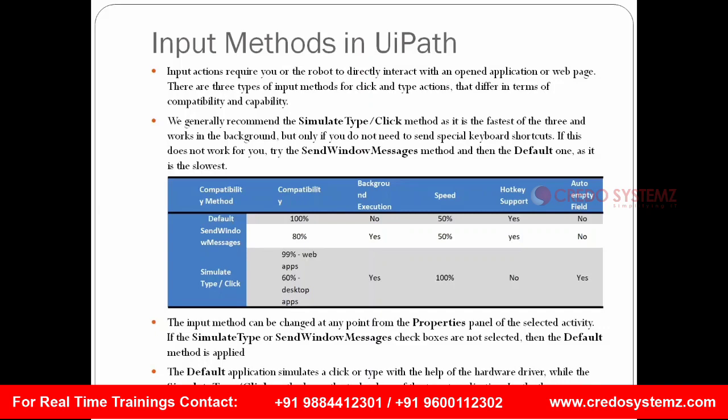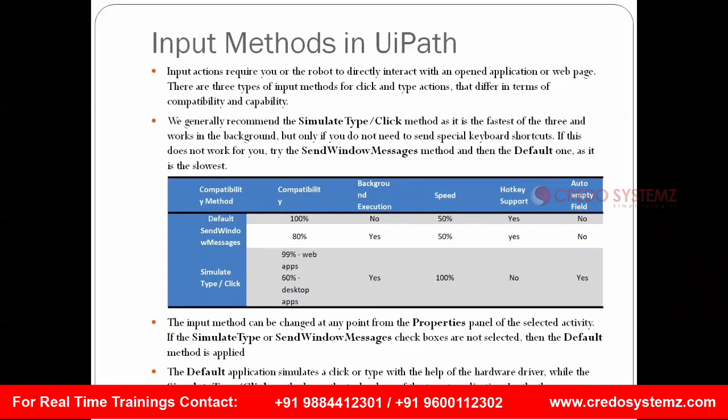So what is the difference between these three? When you use the default input method, the application will simulate a click or type action with the help of a hardware driver. When you use simulate click or simulate type, the UiPath process automation interacts with your application using the technology that the target application is built on.